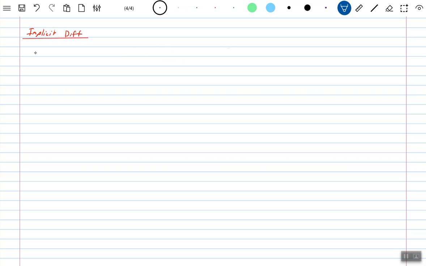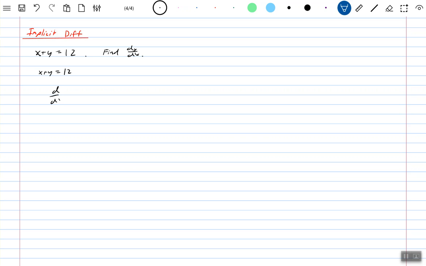First, let's say we're given x plus y is equal to 12. Find dy dx. Well, we know x plus y is equal to 12. But now what we need to do is differentiate everything with respect to x.